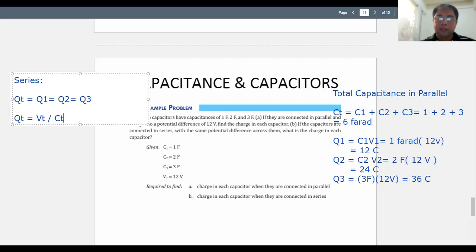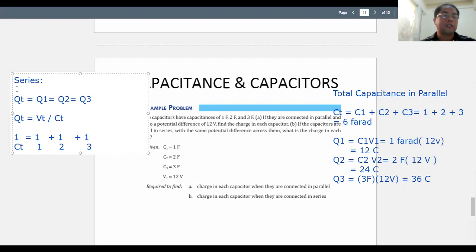But our problem is, how much is our total capacitance? For series, 1 over C total equals 1 over C1, so if C1 is 1 farad, that is 1; C sub 2 is 2 farad, so 1/2; and C sub 3 is 3 farad, so 1/3.